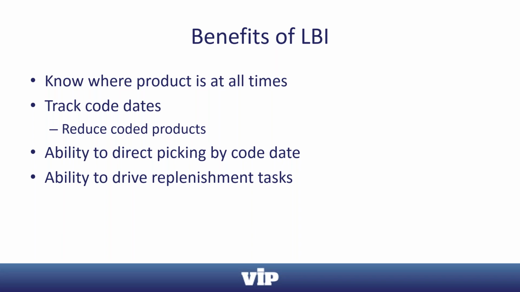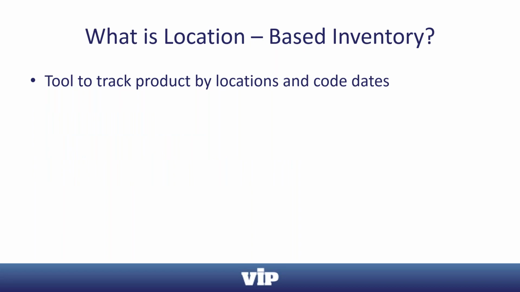And then on top of that, you can direct picking by code date. That gives you a lot more flexibility with LBI, and you can even create replenishment tasks so that your employees are really focused on what they need to do to get done rather than just replenishing anything that they see fit.